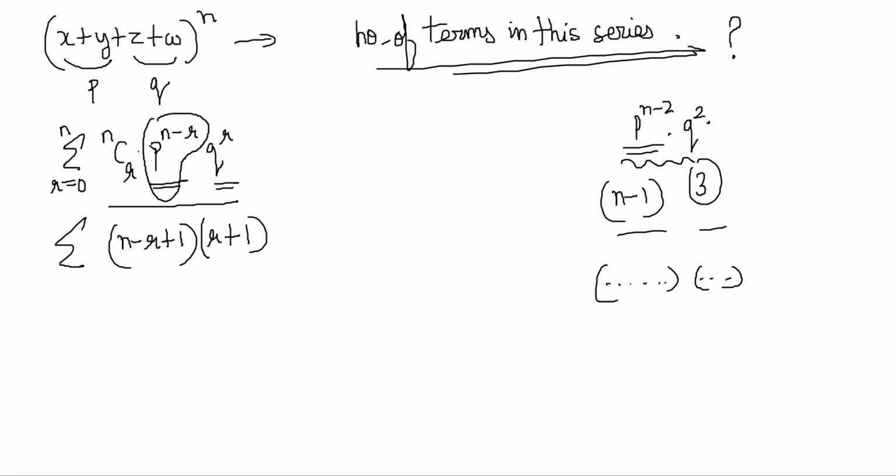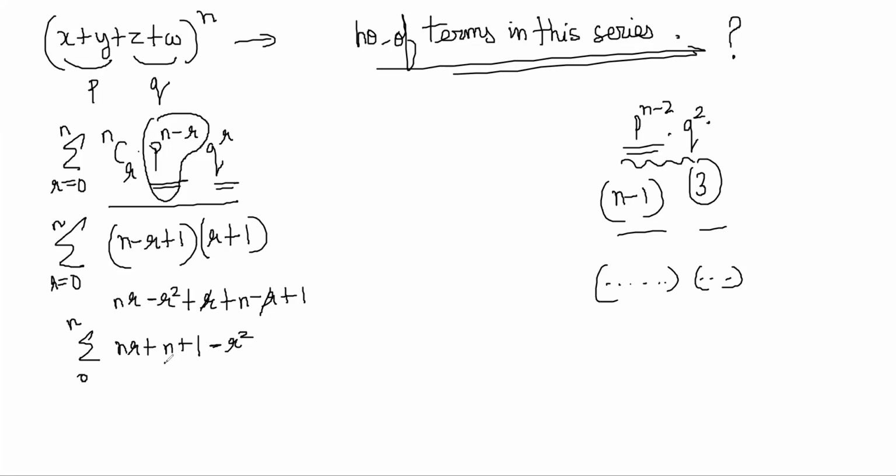So how will you get this addition? This is a straightforward addition. Just simplify it a little bit. This becomes n r, and r cancels here. It becomes the summation of (n plus 1) r minus r square, with r going from 0 to n.